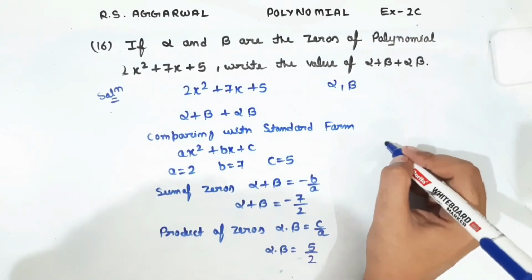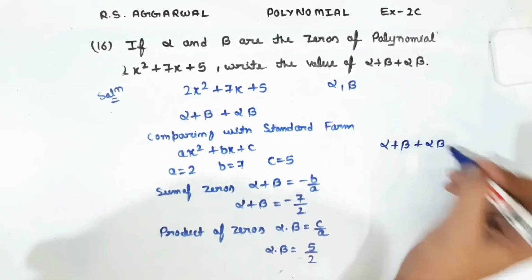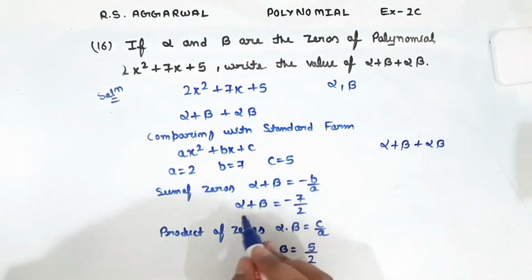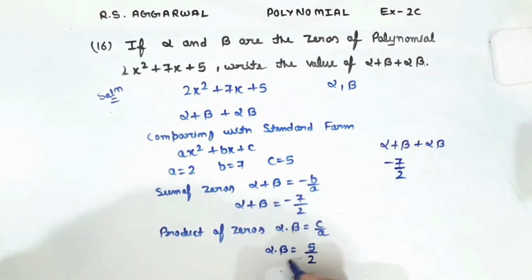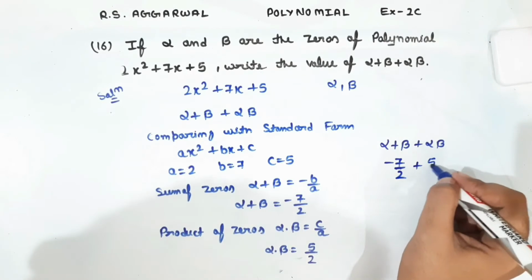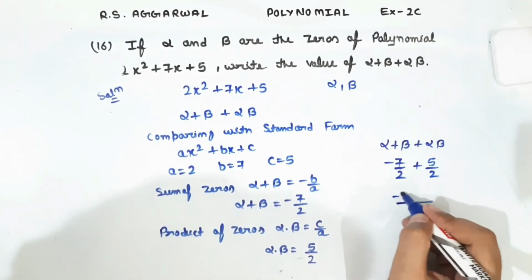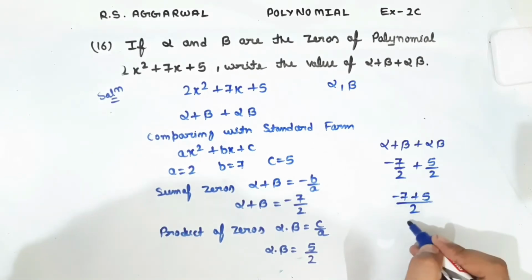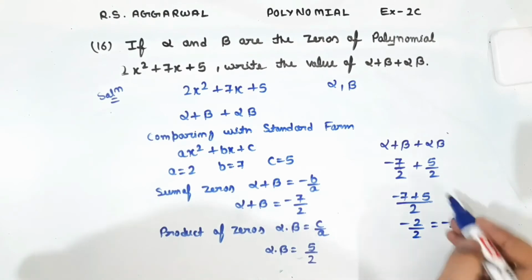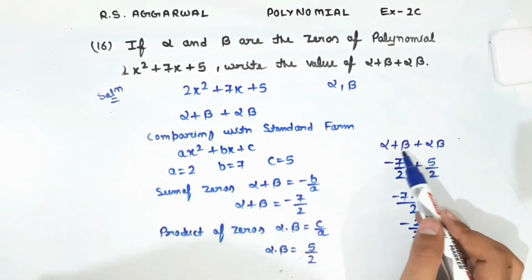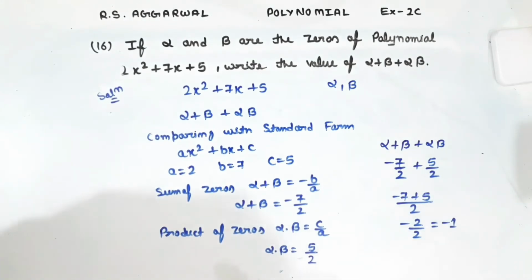So our alpha plus beta is minus 7 upon 2 and alpha into beta is 5 upon 2. 2 is our LCM. So minus 7 plus 5, so minus 2 upon 2, that will be equal to minus 1. So the value of alpha plus beta plus alpha beta will be minus 1.